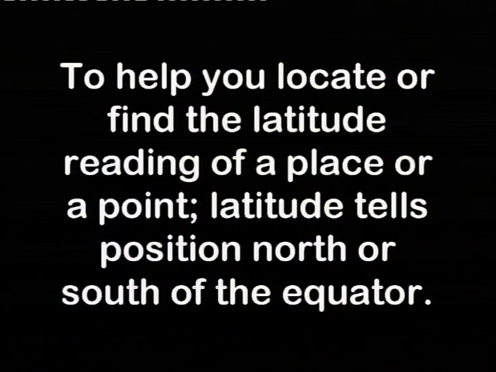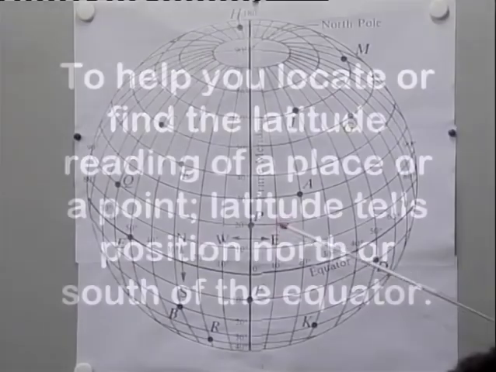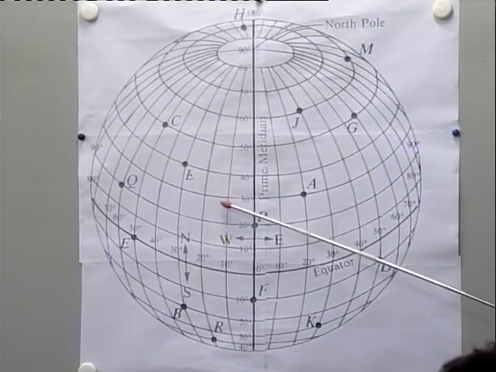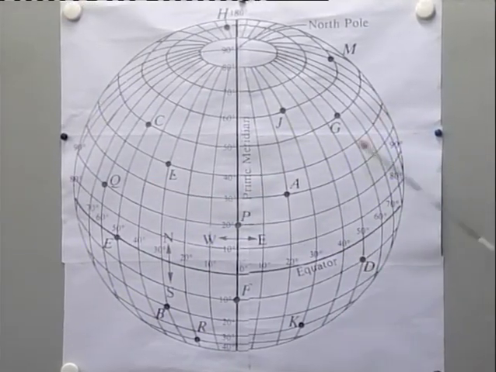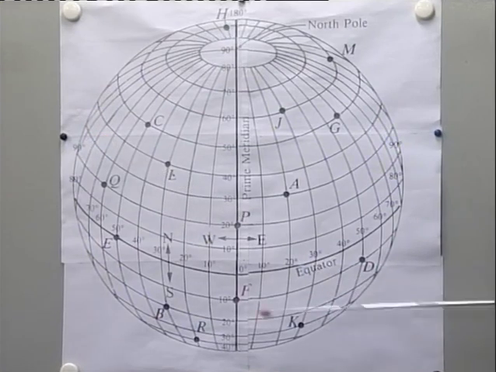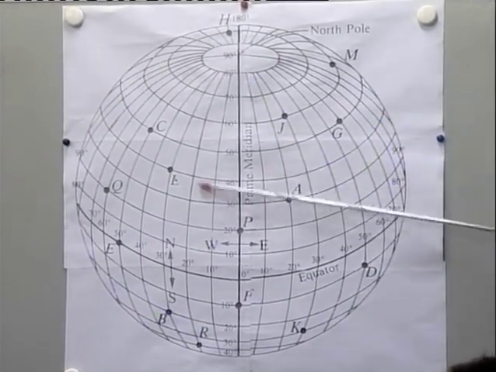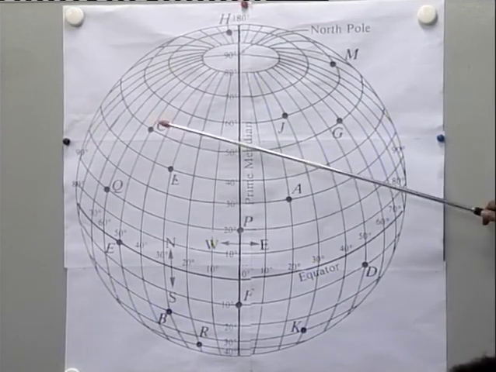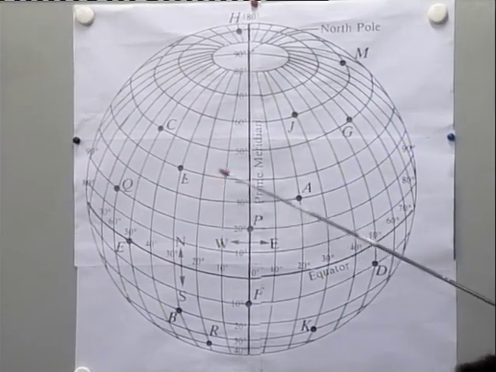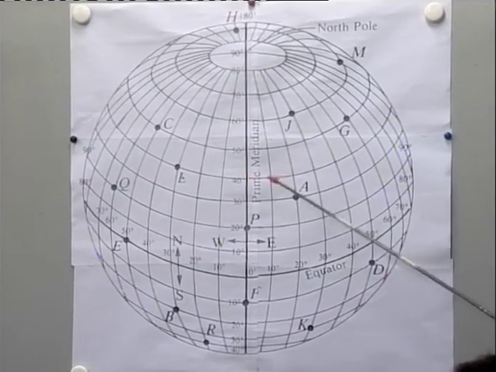Now, have a look at the globe. For example, 8 Days and receiving students, if we have said that latitude lines run from east to west, these are all latitude lines running across like this. We're saying latitude lines run from east to west.